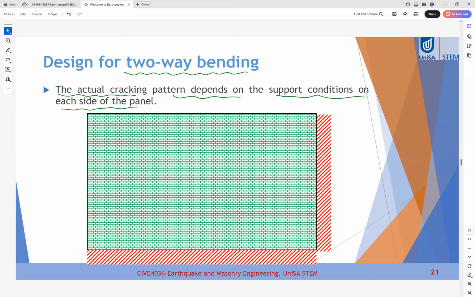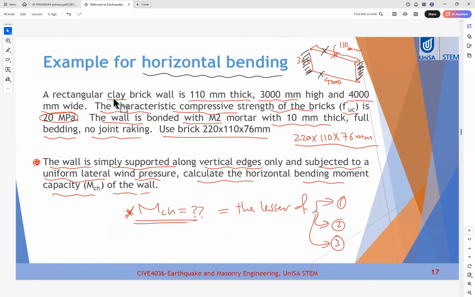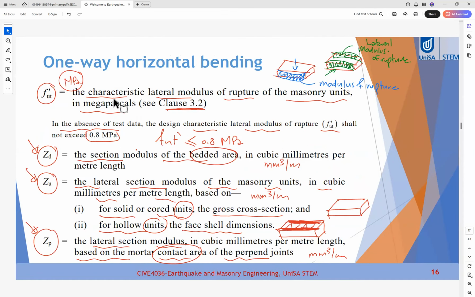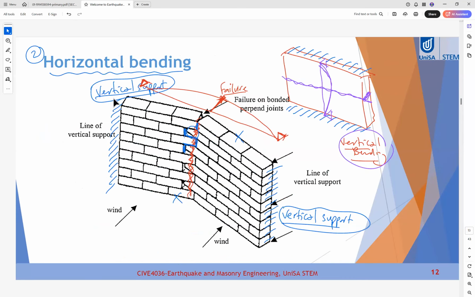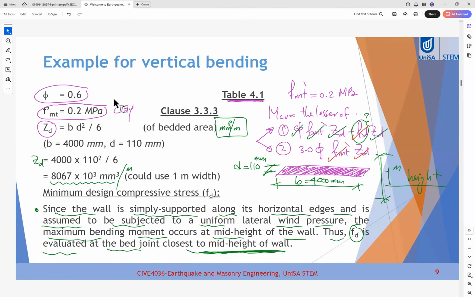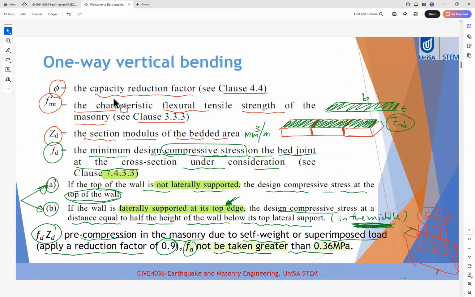If there is vertical compression, if FD is not 0, let's see the definition again. FVD is the minimum design compressive stress on the bed joint at the cross section under consideration.